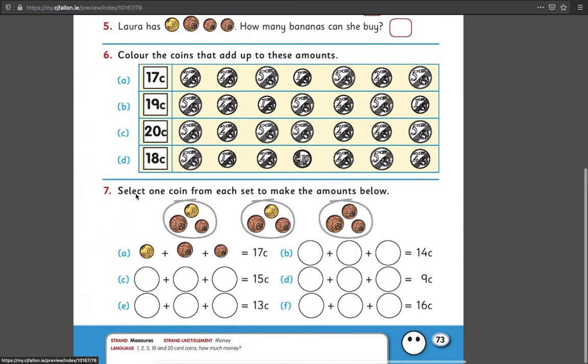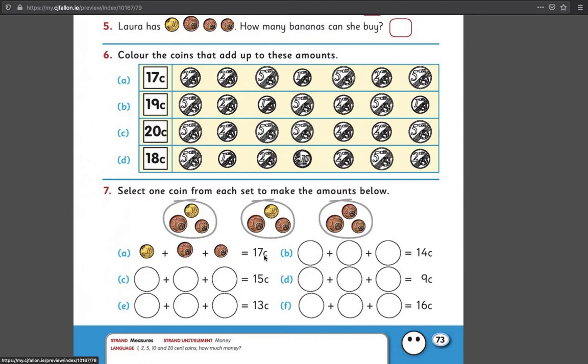So number 7, select one coin from each set to make the amounts below. Okay, so for example, this one here, question A, 10 plus 5 plus 2 equals 17. That's what we kind of did up here. We were getting 17 cent. We did 5, 5, and 5, and a 2. But this one's 10 and 5 and 2 to make 17 cent.